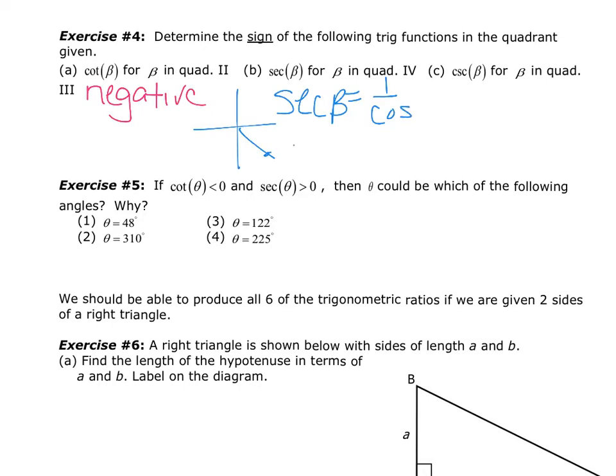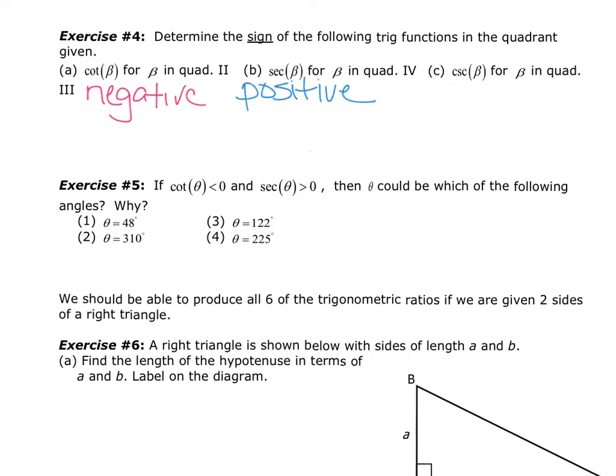So what is the cosine of beta? Well, that's the x value, and the x value is positive. So we would always put that over 1, which is going to be positive. We're going to flip it.